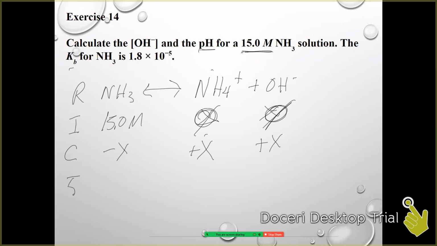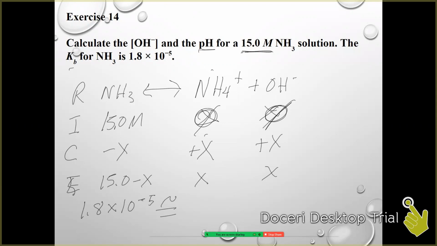So that means at equilibrium, I'm going to have 15 minus X. This is just X, and this is just X. So we have our 1.8 times 10 to the negative fifth, and it's going to be about equal.